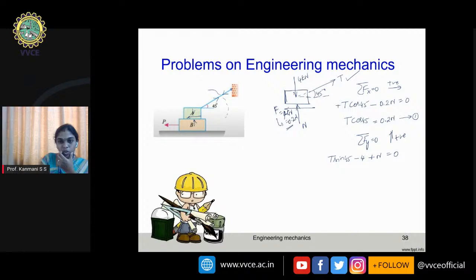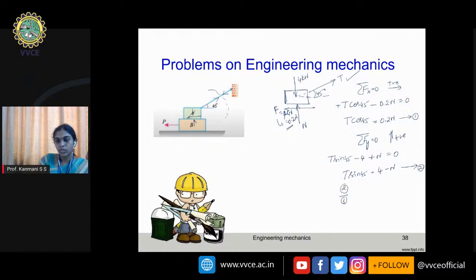This is a purely horizontal force, plus T sine 45 minus 4 plus N equal to 0. Or I can write T sine 45 is equal to 4 minus N. I'll call this equation 2.